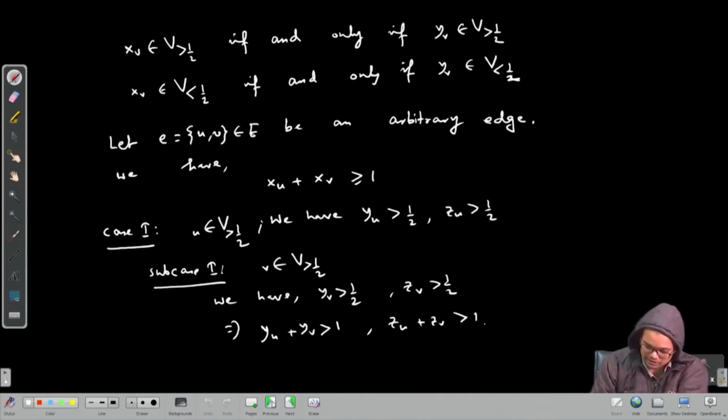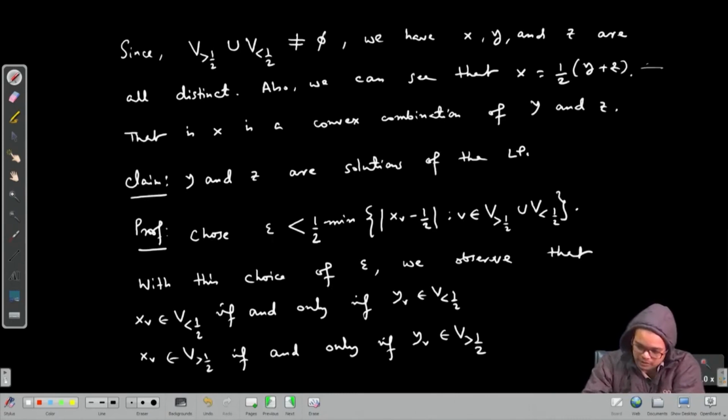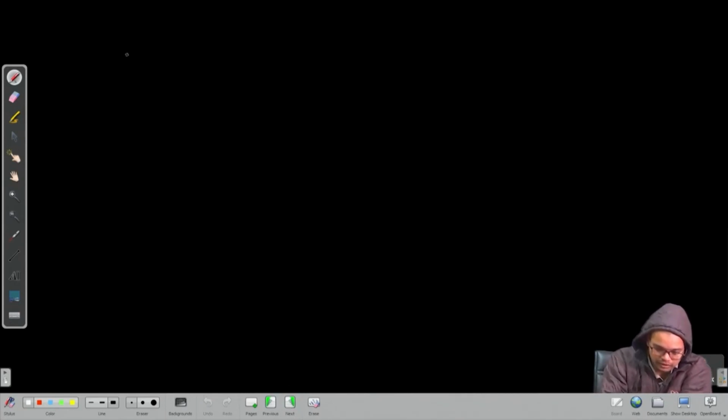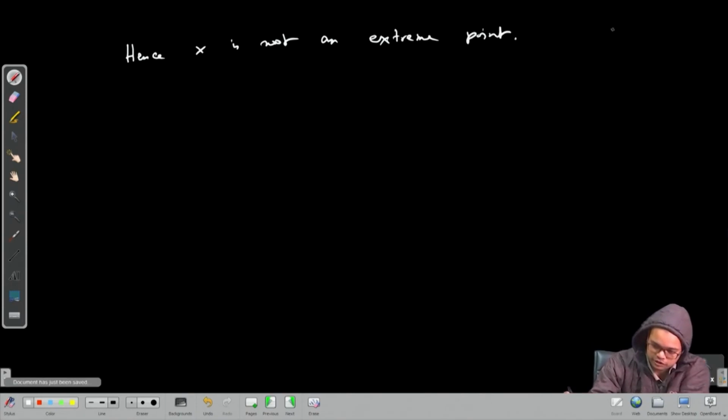But we have already seen that x is a convex combination of them. So, hence x is not an extreme point, which finishes the proof.